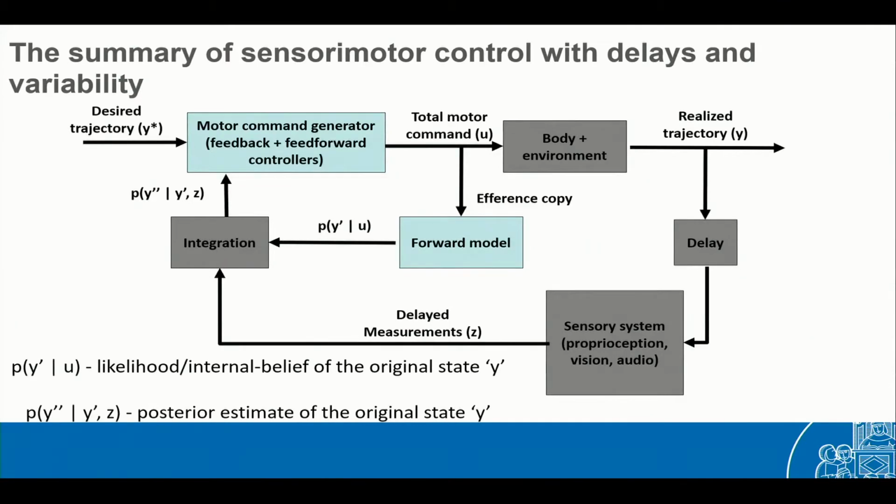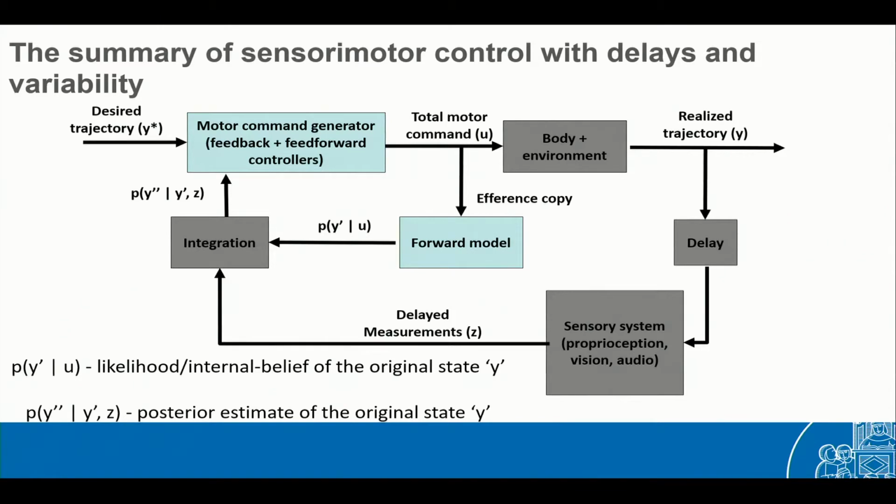So, in summary, the sensorimotor control with delays and variability takes into account the forward and inverse models that we have here. Where you see motor command and generator, we have this inverse model, which is composed in this case of a pure feedback plus the feed-forward controller that I showed you before.